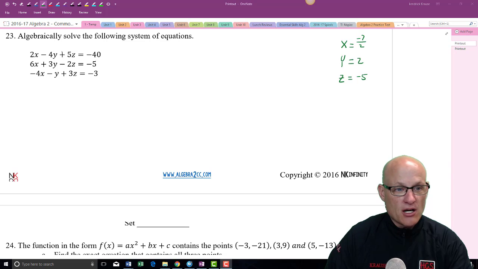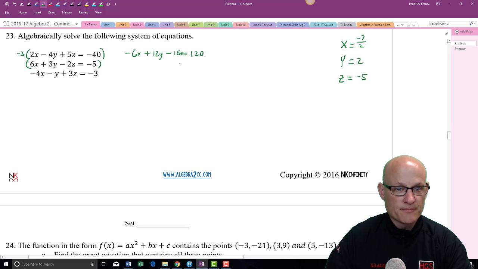Man, these are long. All right, kids, let's do this. I'm going to size them up a little bit. Doesn't look like any one of them is any real easier than the other, so I'm just going to get rid of x. It doesn't really matter. I'm going to multiply this one by negative 3. So I get negative 6x plus 12y minus 15z equals 120.